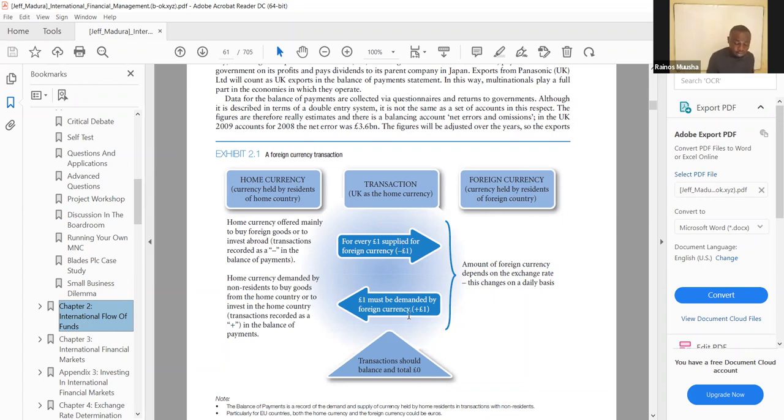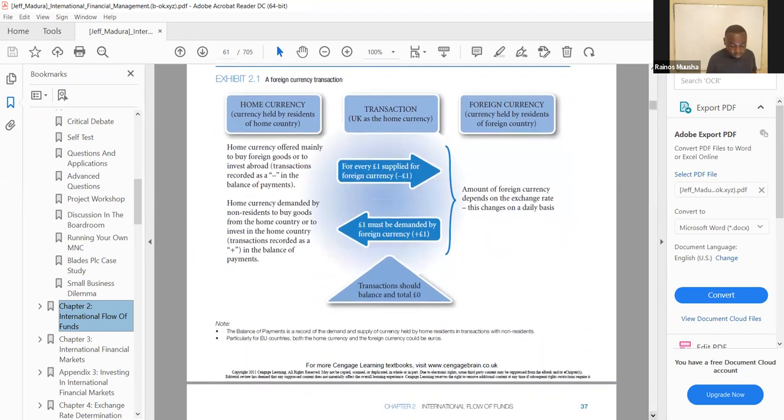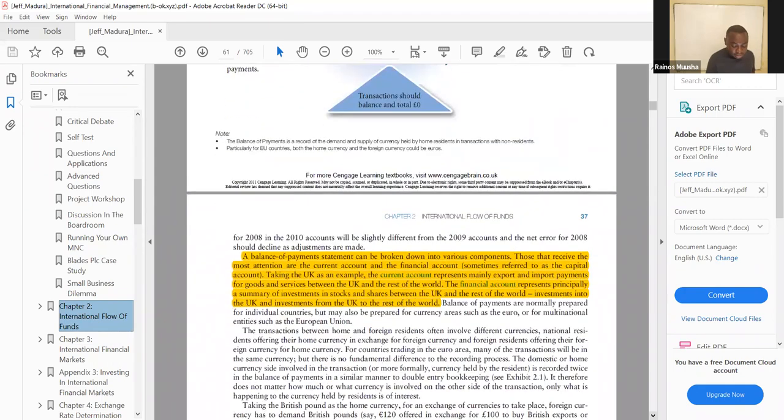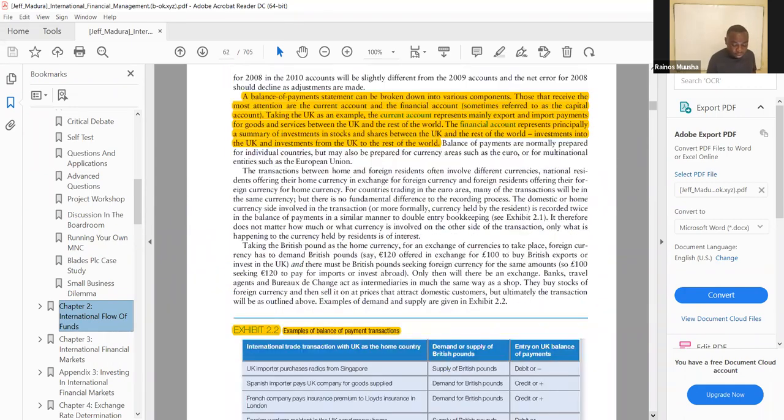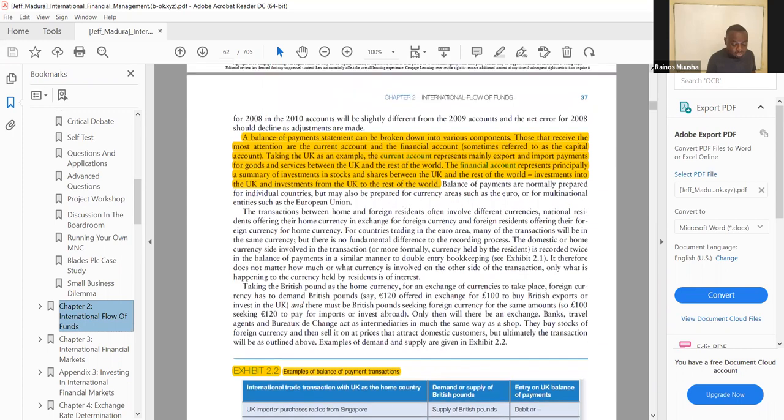If the outflow is equal to the inflow, this results in a net balance equal to zero. So that's the broad perspective of how the balance of payments is made up.